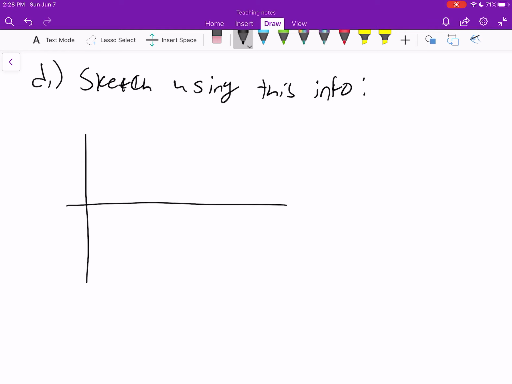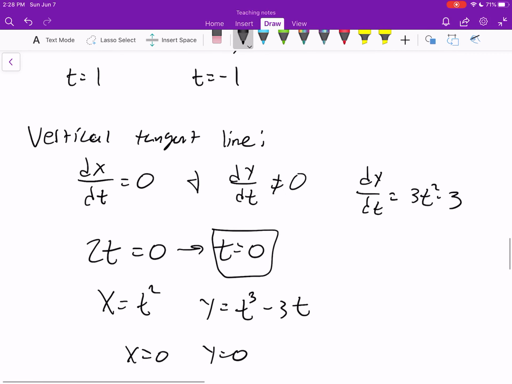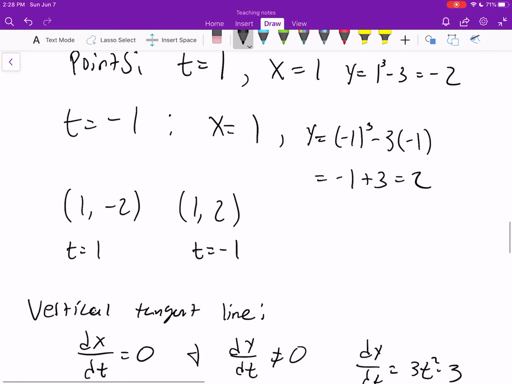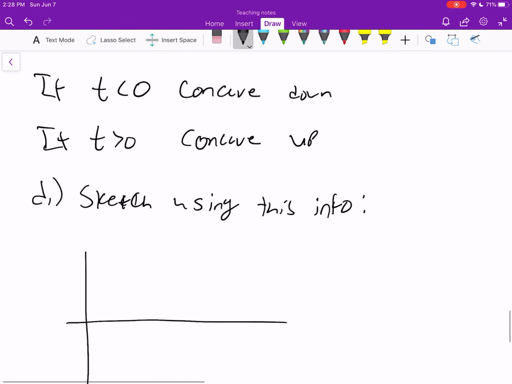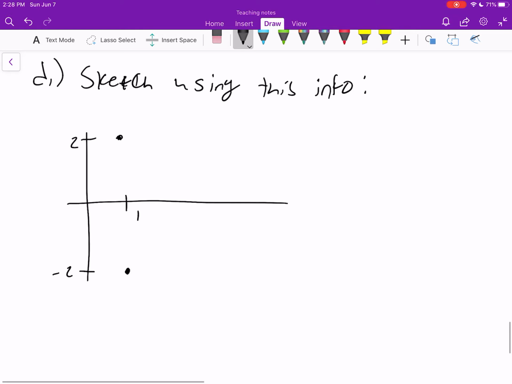So the first thing we should note is, let's do our horizontal tangent lines. The horizontal tangent lines were at 1, -2, and 1, 2. So at these points, I have horizontal tangent lines.